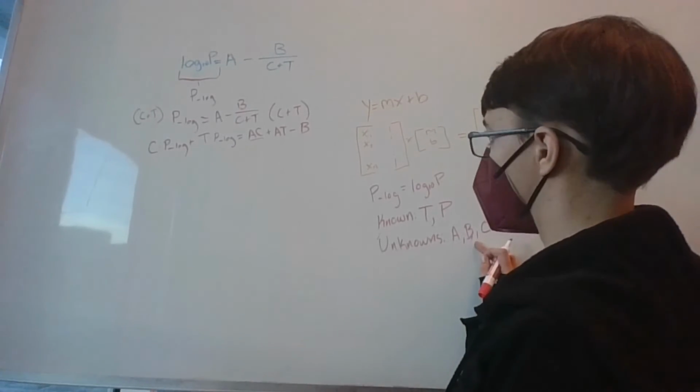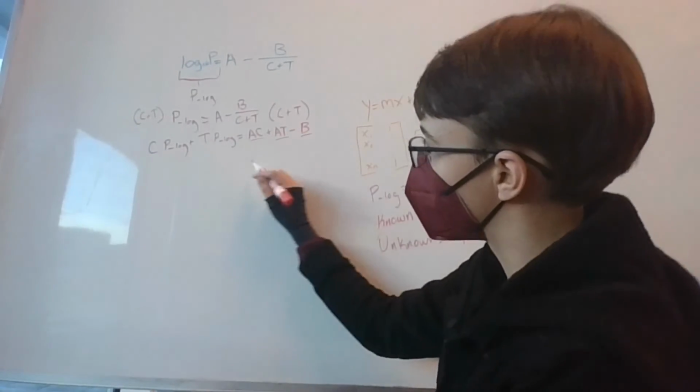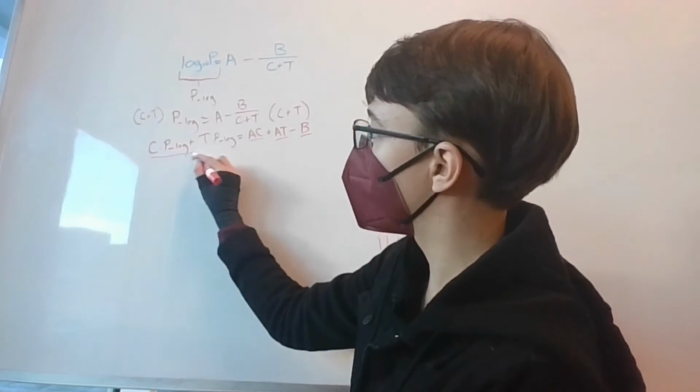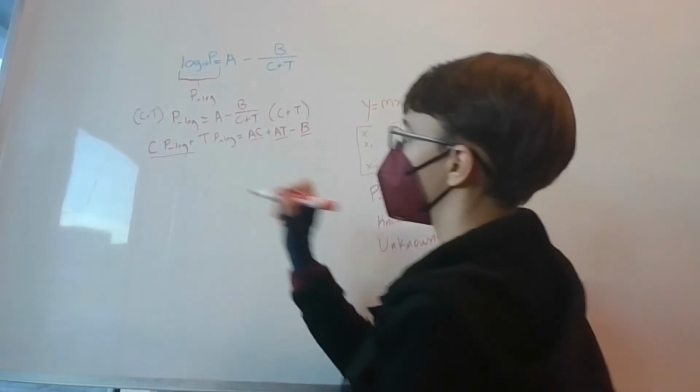So we're going to get all these unknowns on one side. So that has an unknown, that has an unknown, that has an unknown. This one does not, and that term does. So we're just going to subtract that over to here.